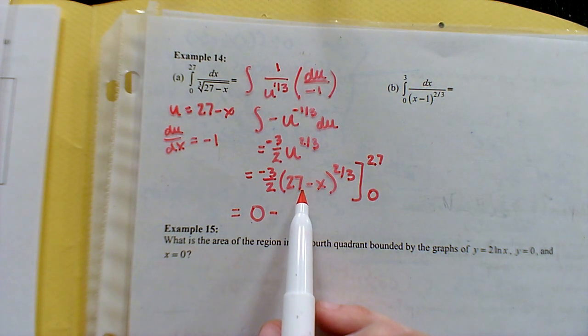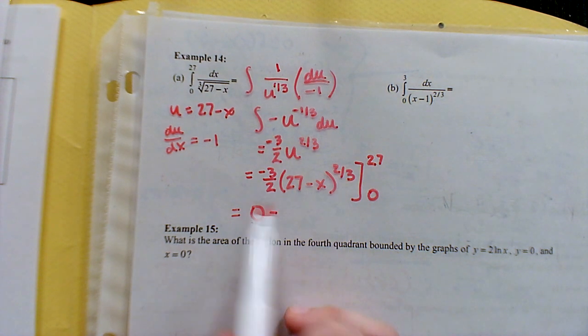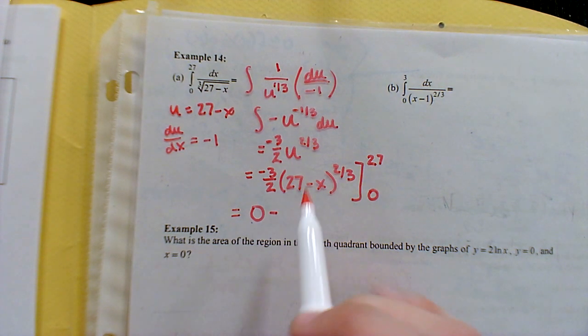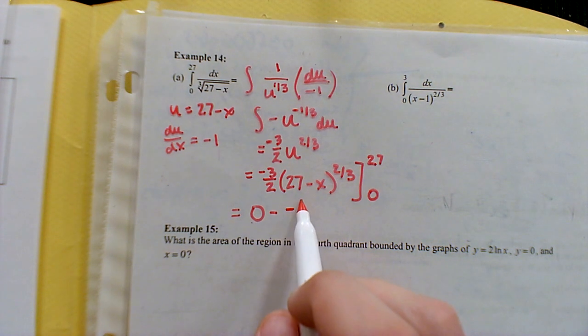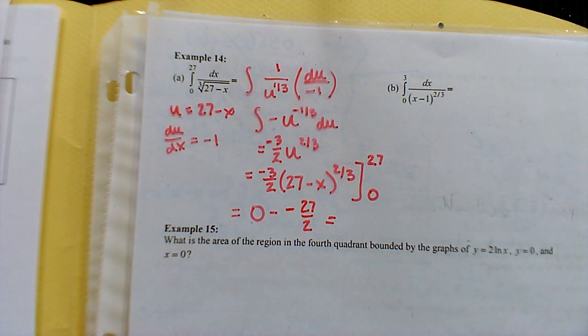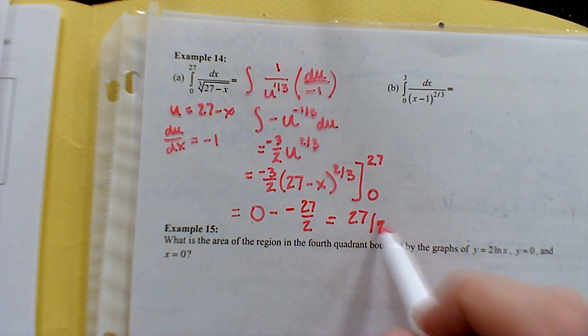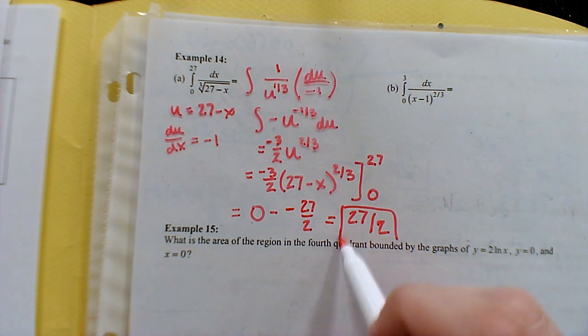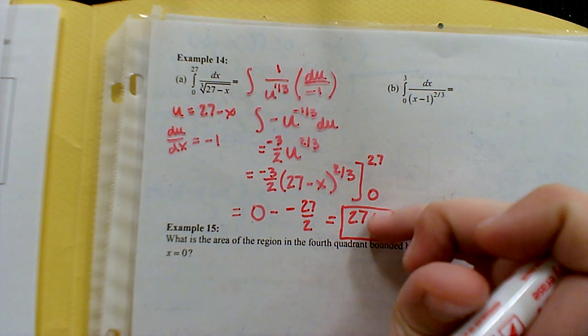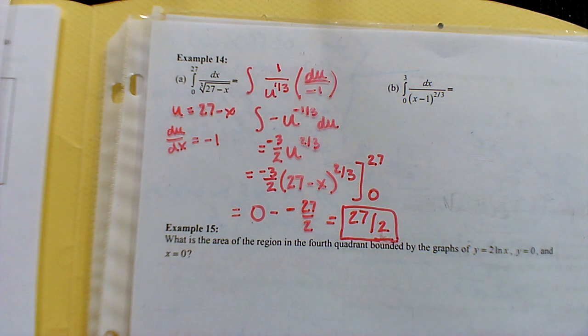Which is 3, and then square 3, 9, and then 9 times -3/2. -27/2, good. So 0 minus -27/2, it looks like we'd get 27/2. All right, so there's the area value. Even though we're butted up against an asymptote, we still have some finite area.